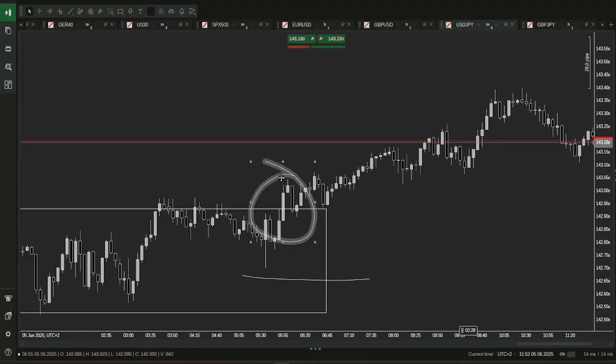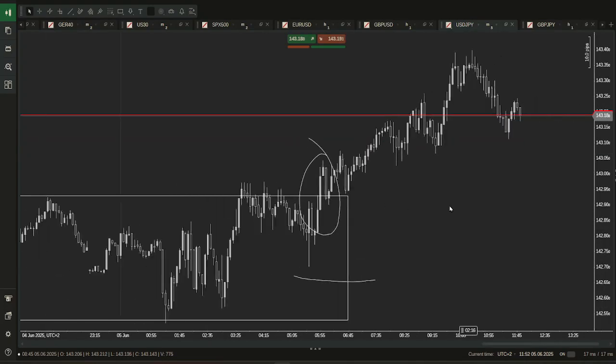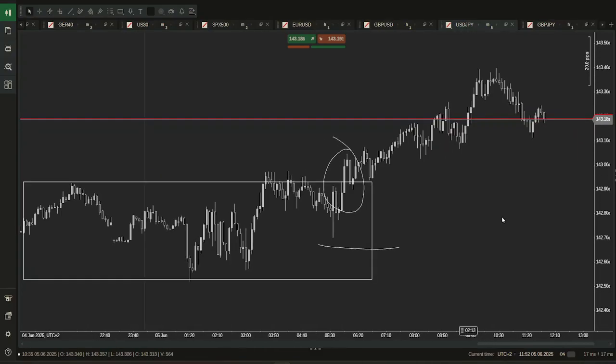Anyway, my point is just to show another example of the H1 plus M5 system. And these times could be really anything. It doesn't really matter. But what is important is that the volume is there, because this is FX, right?